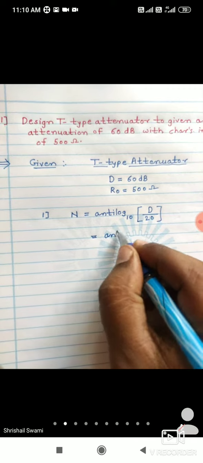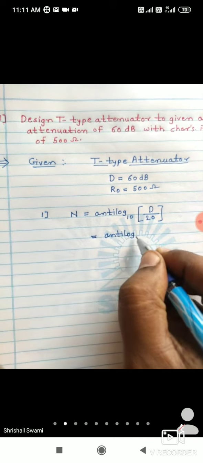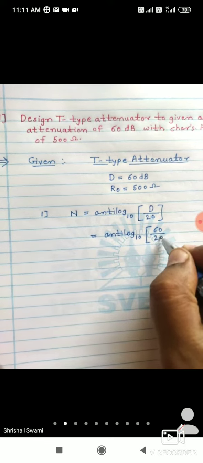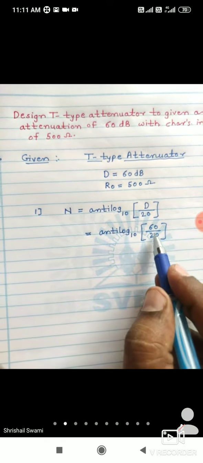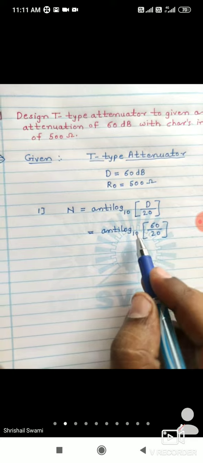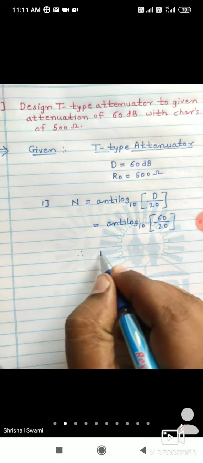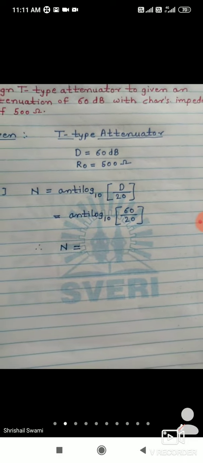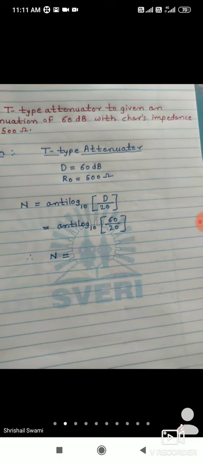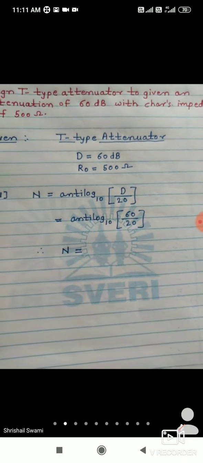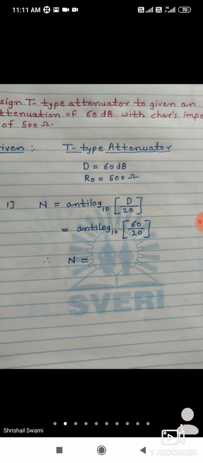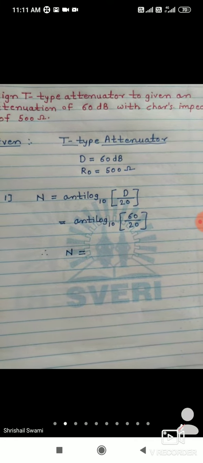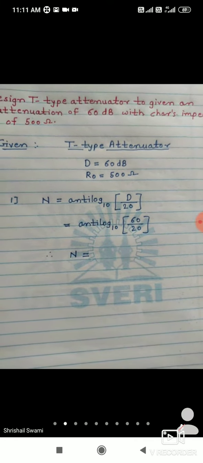Anyone? Take the calculator. 60 divided by 20 means 3. Antilog of 3. Tell the value of N. Quick. What is the value of N?